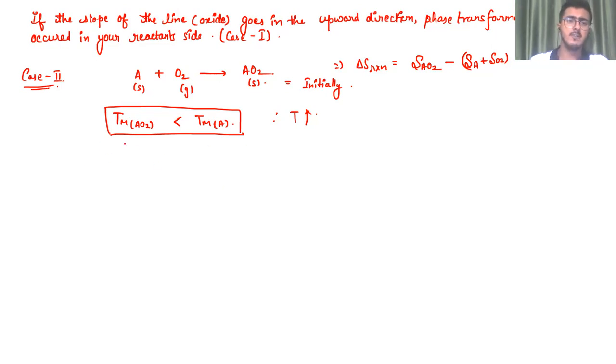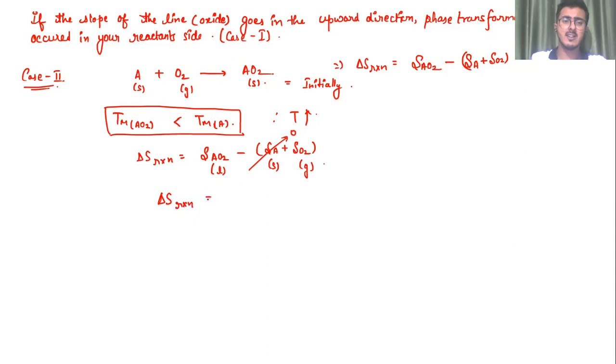So your delta S reaction is nothing but the entropy of your product, AO2, minus the entropy of A plus the entropy of your oxygen. Now this is in the liquid phase, this is in the solid phase, and this is in the gaseous phase. So I can easily neglect the solid value and say that it is equal to 0. So the change in the entropy of the reaction is nothing but the entropy of AO2 minus the entropy of your oxygen, that is in the gaseous phase.